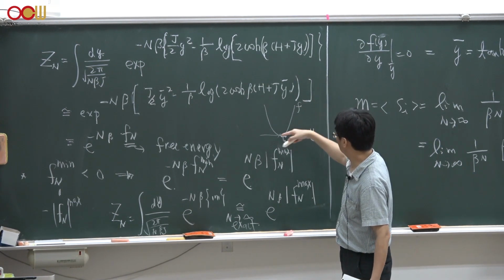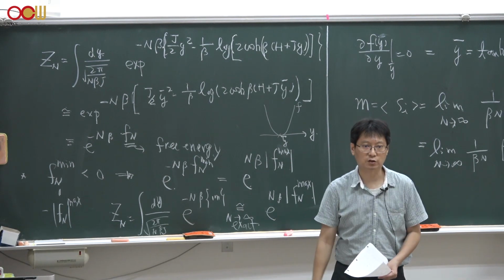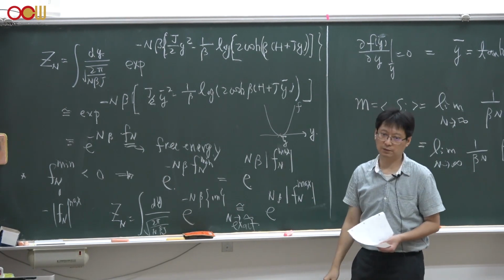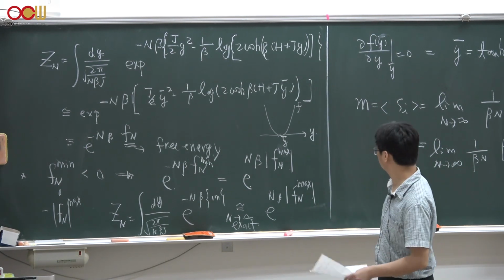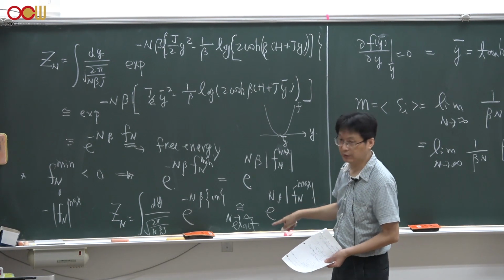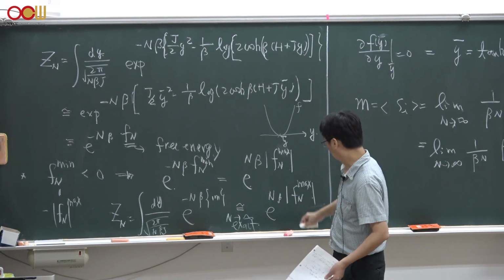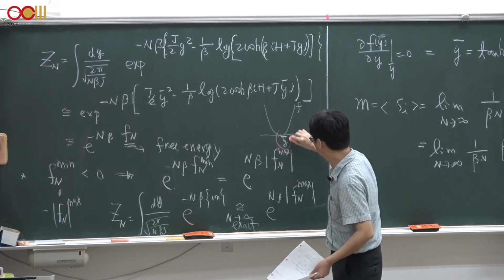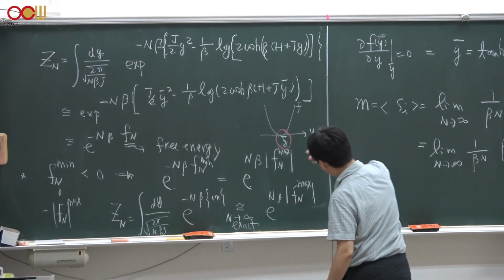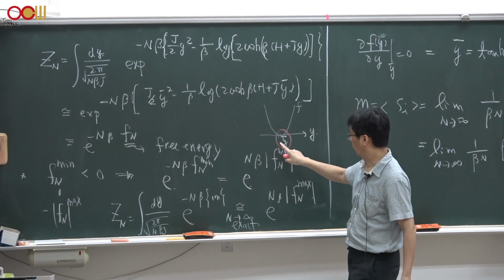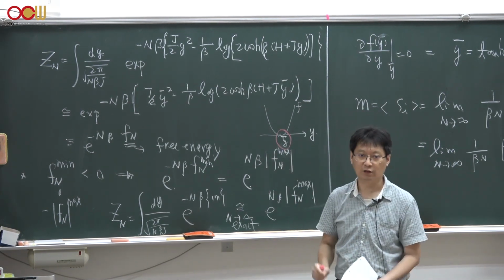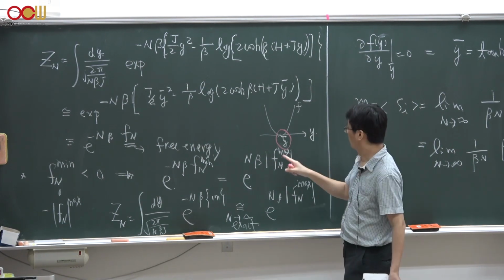Suppose this is a landscape of the free energy as a function of y, and suppose we found that the minimum point which minimizes the free energy is located at y bar. The saddle point approximation tells us that you could just evaluate the partition function right at that saddle point, y bar, and neglect all the contributions from different values of y away from y bar.